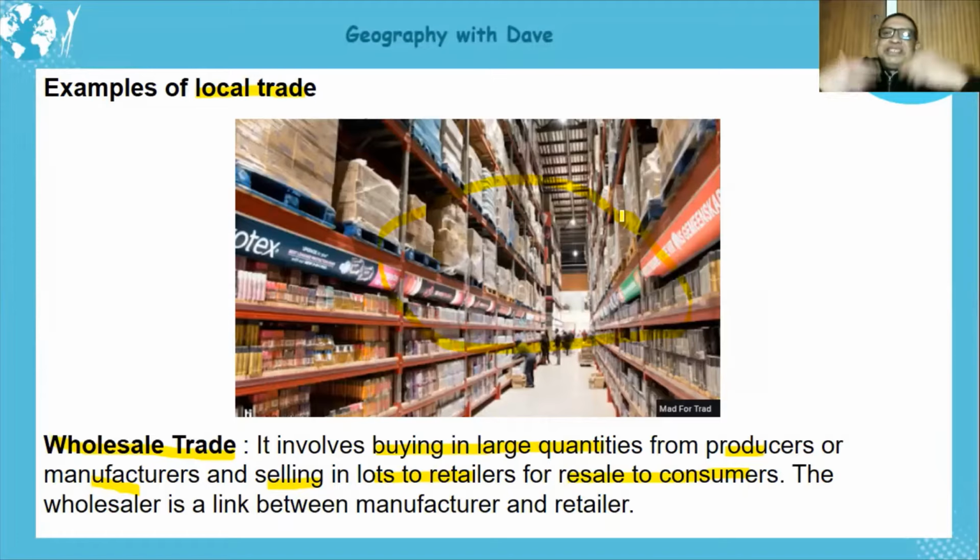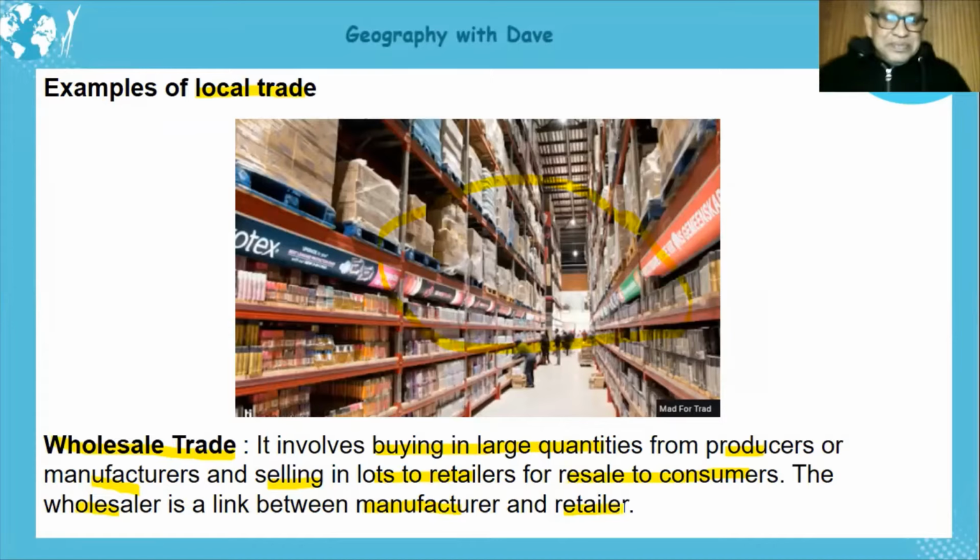So the wholesaler is a link between the manufacturer and the retailer. They buy from the manufacturers and they sell to other smaller businesses, and as I say, nowadays to people also.